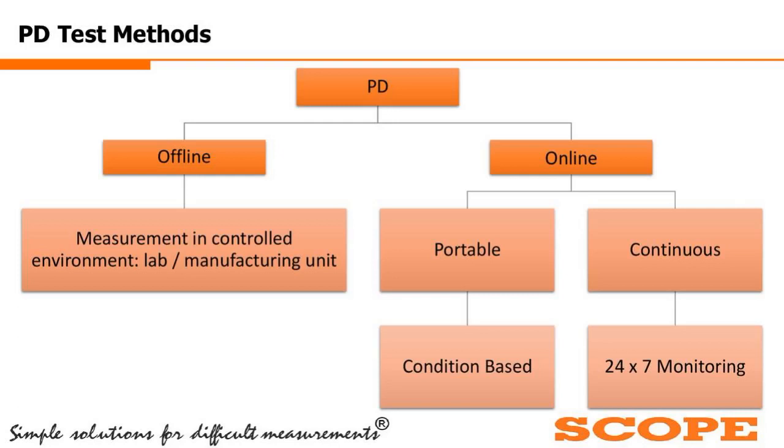So it is recommended to conduct the offline test in a Faraday cage kind of concept, or inside that sort of chamber. Such an offline test might not be practically possible once the instrument has been erected at site. It is possible majorly at the manufacturer's premises only.